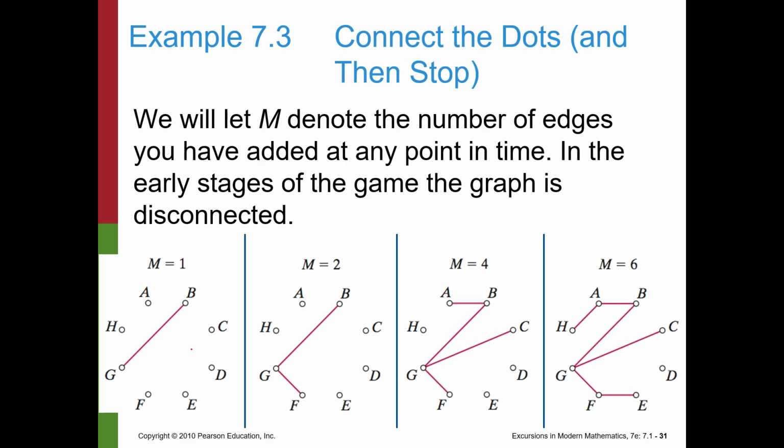So here we only added this edge, right? Still not connected. We have lots of vertices we can't get to. So then we add this edge. Still not connected. So then we add this edge, and that's still not connected. So then we add a couple more edges. We've added 6 edges, right? Still not connected because D is not connected.